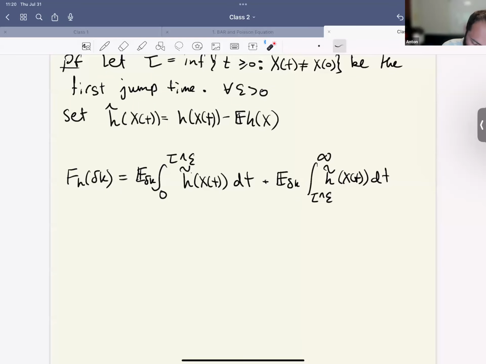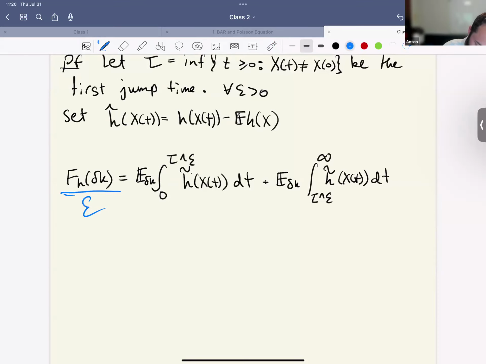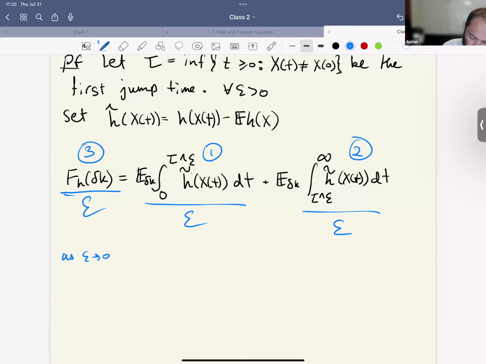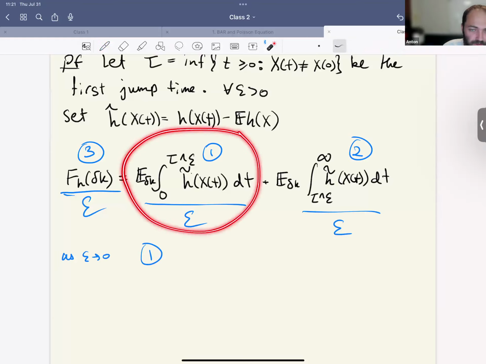Intuition. So I'm going to divide both sides by epsilon. Divide this by epsilon, divide this by epsilon. Intuitively, as epsilon goes to 0, I'm going to call this 1, this 2, and this 3. So 1 is the simplest to understand.